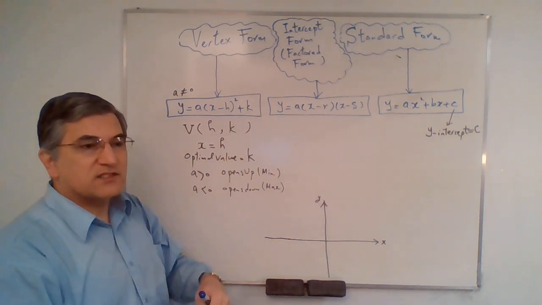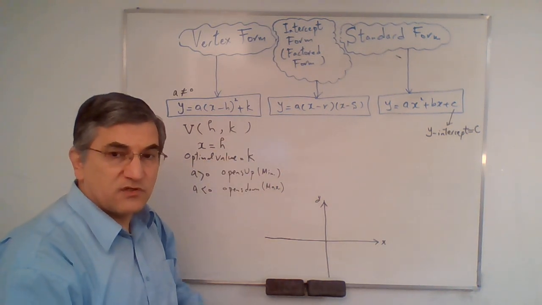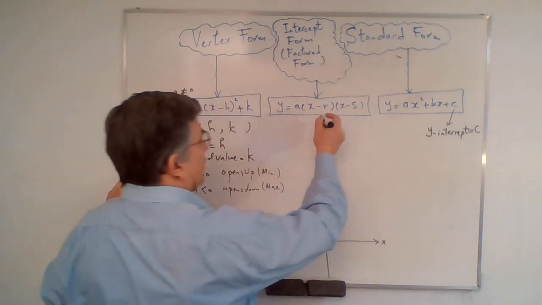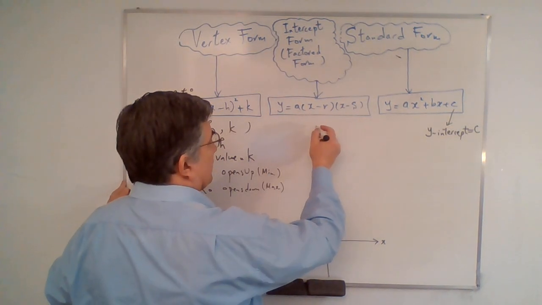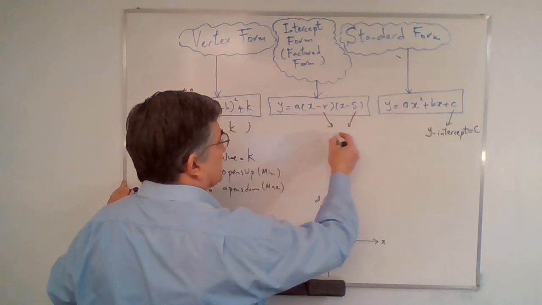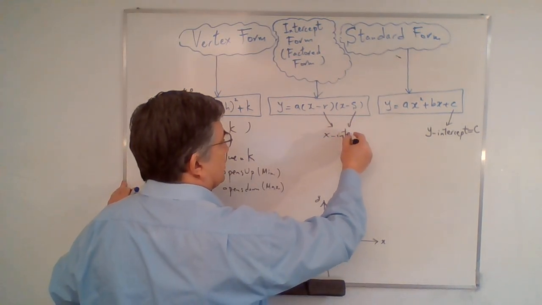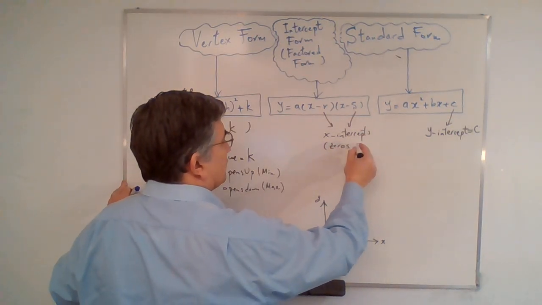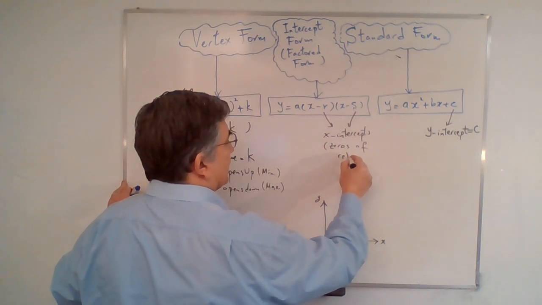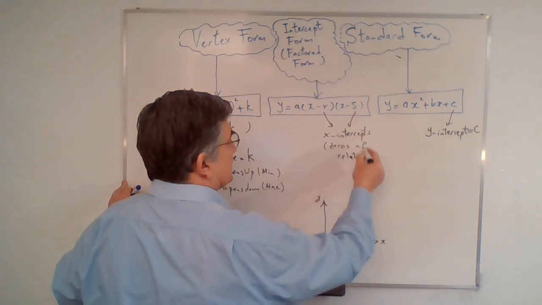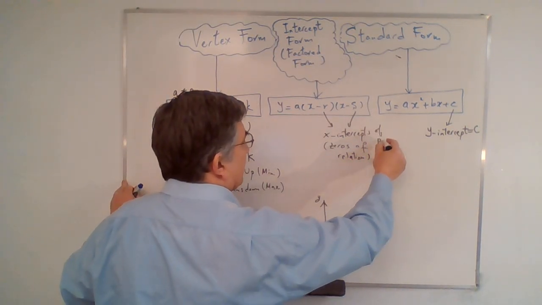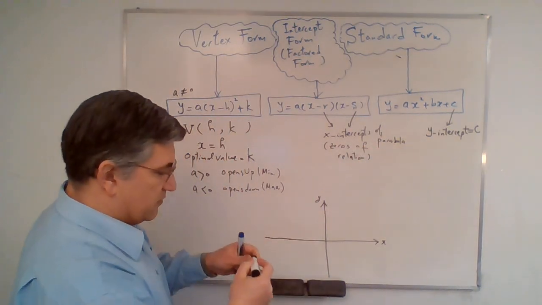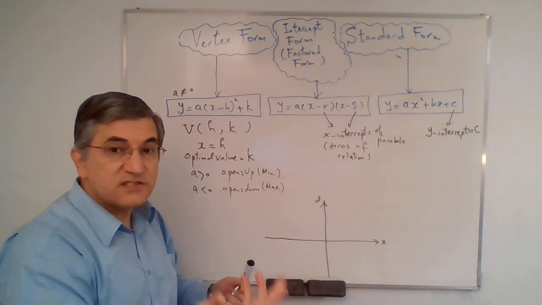Well, r and s are the x-intercepts of the parabola, or we call them zeros of the relation. That's what r and s stand for.